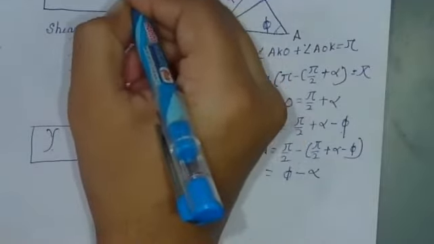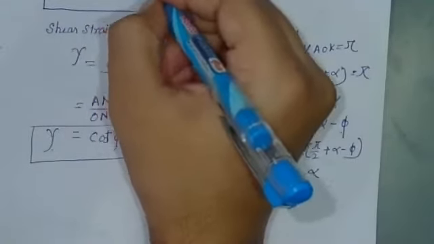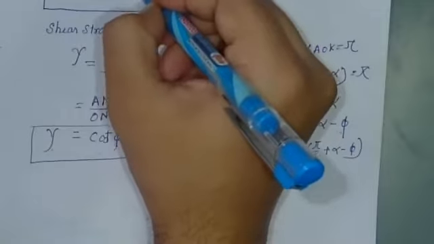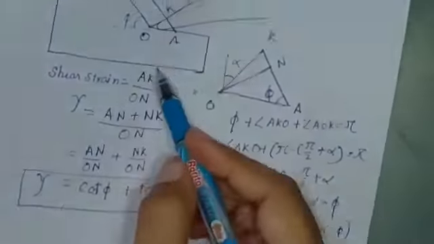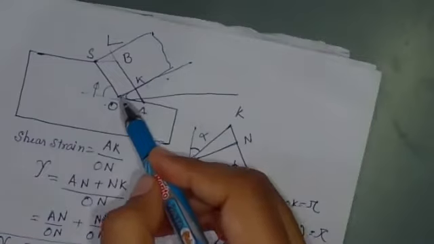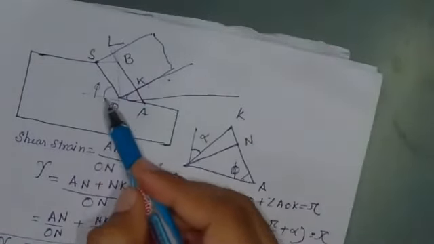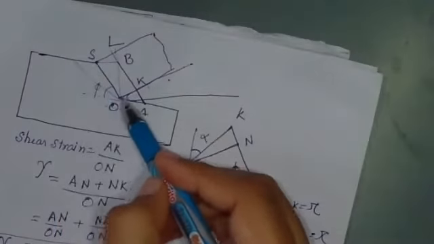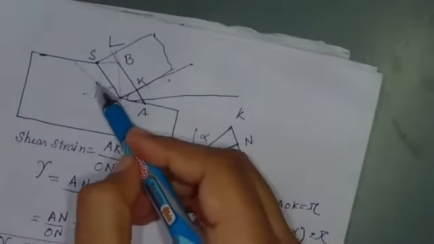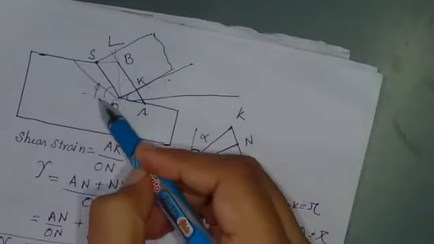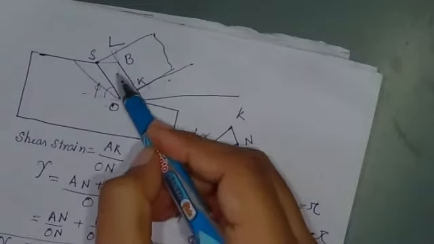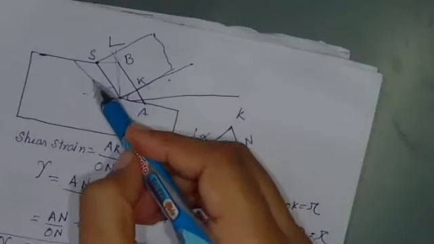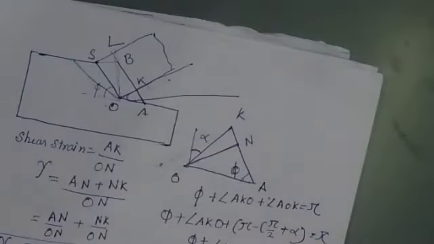Also, you must notice that this phi, the shear angle, plays a very important role while doing the machining operation. So if you increase phi here, then this plane will go something like this. And if you reduce the phi, this plane will become like this. So if you reduce the phi, this plane will become larger. And if you increase the phi, this plane will become smaller. And if the plane becomes larger, it means that there is a large shear plane, which also means that there will be more heat, more friction, more power requirement.